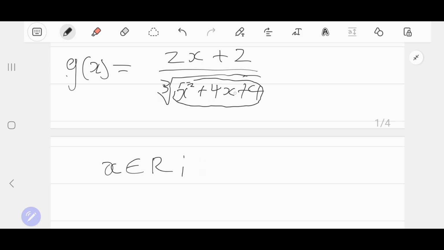that whatever is below here, let's call this maybe t, that t must not be equal to 0. Because when it is equal to 0, the denominator will be 0, and when the denominator is equal to 0, that thing will be undefined.